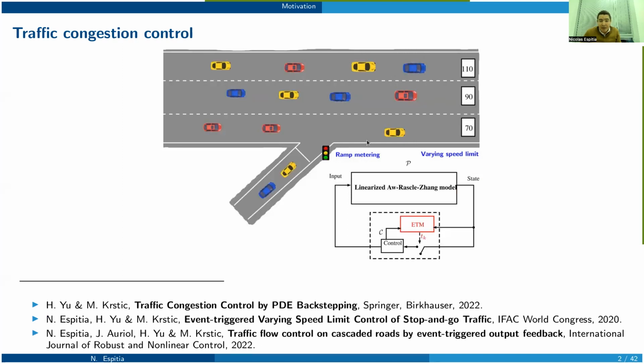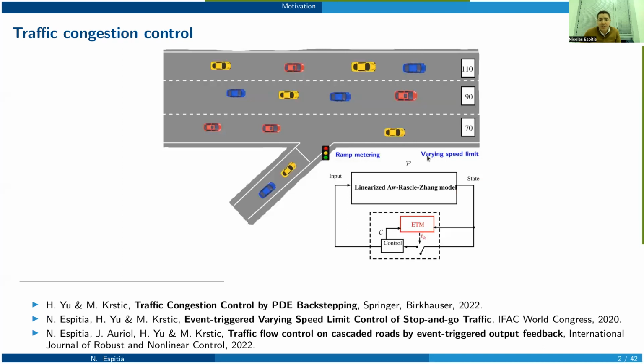And for both ramp metering and varying speed limits, we can reformulate this problem also as a boundary control problem, a boundary control problem with a PDE of hyperbolic type. In this case, the ARZ model.